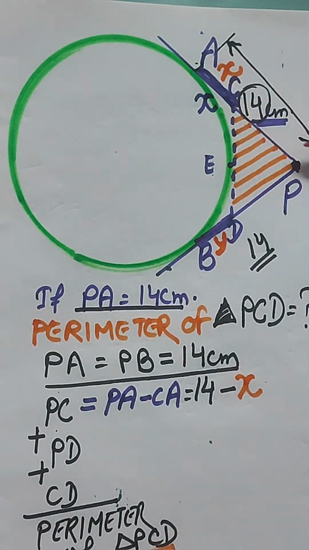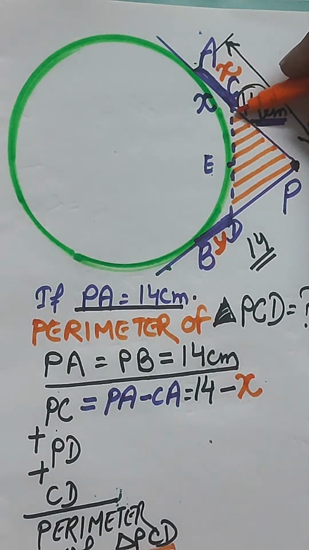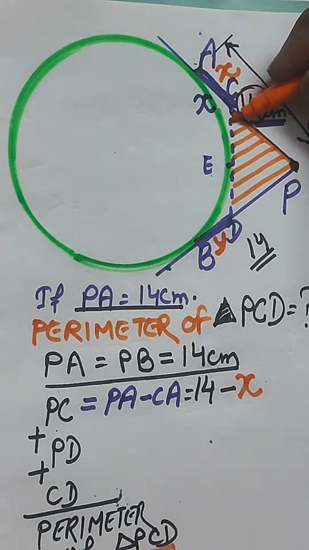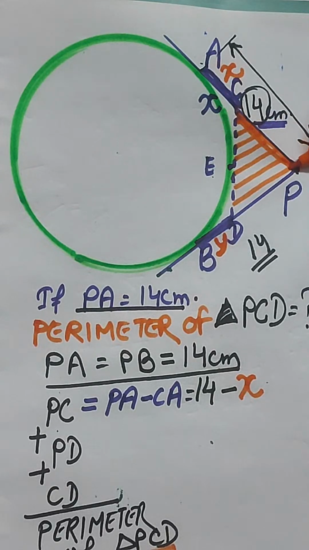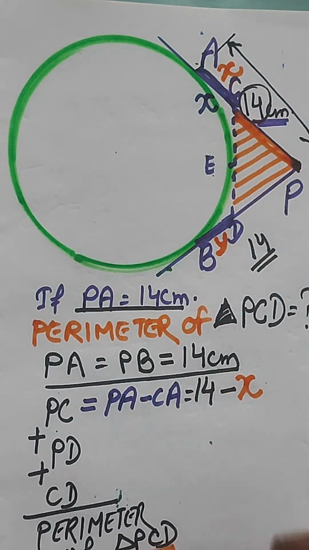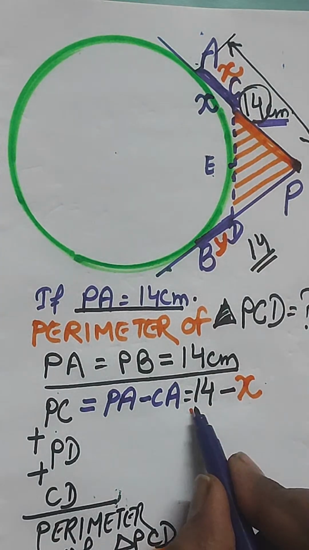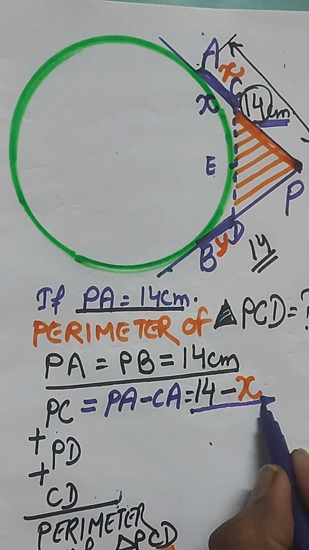So one side of this triangle you have calculated, and that is nothing but 14 minus x, right?